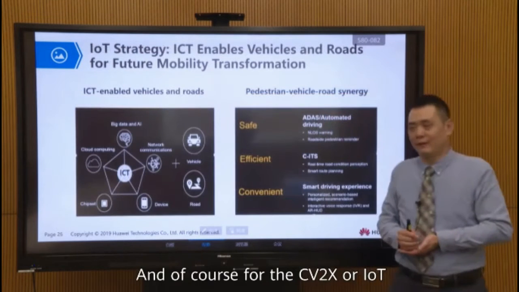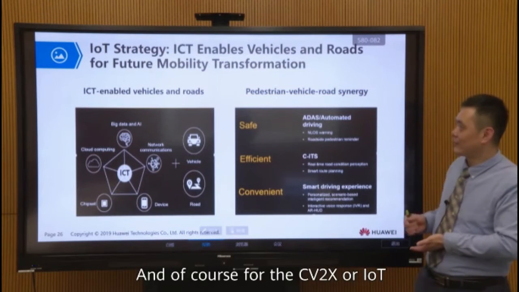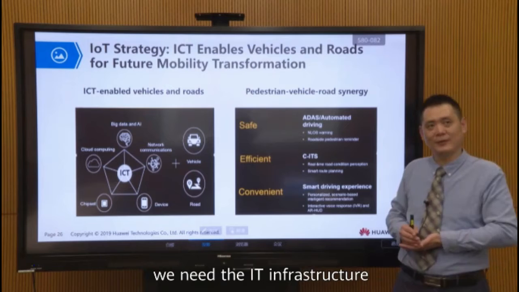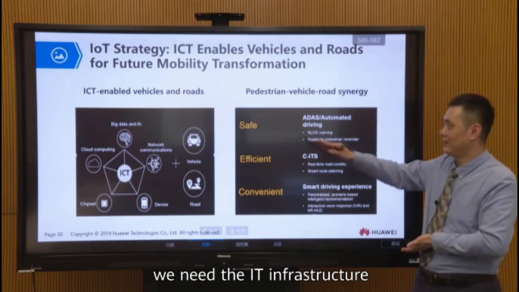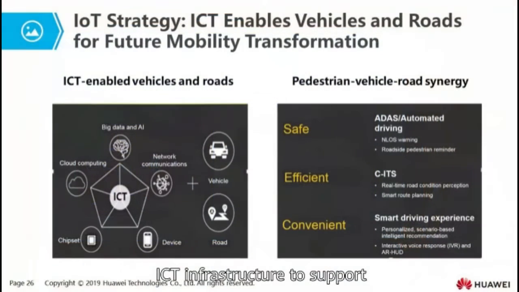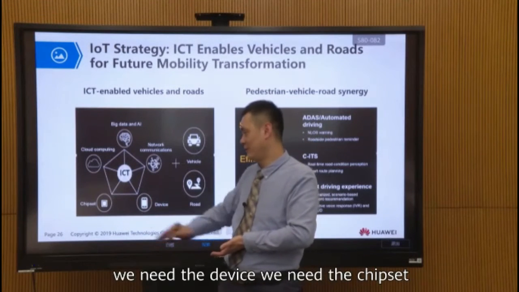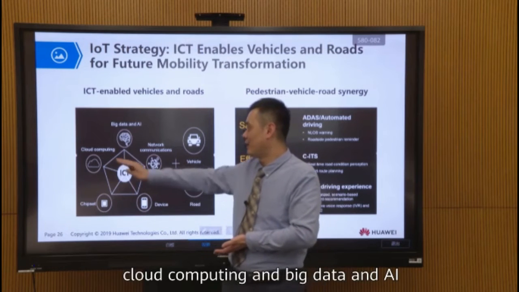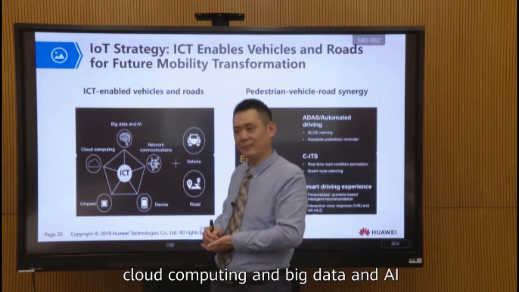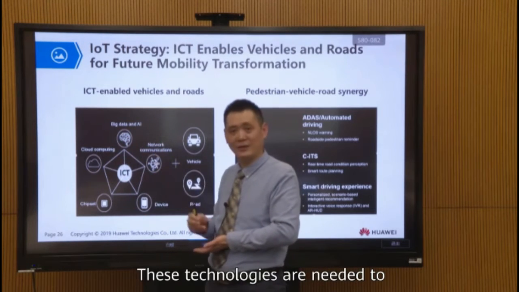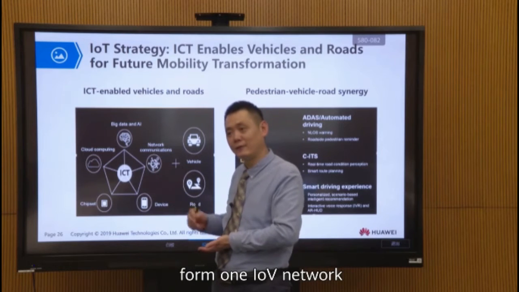And of course, for the C-V2X or IoT, we need the ICT infrastructure to support. We need the network communication. We need the device. We need the chipset. Cloud computing and big data and AI. Now these technologies are needed to form one IoV network.